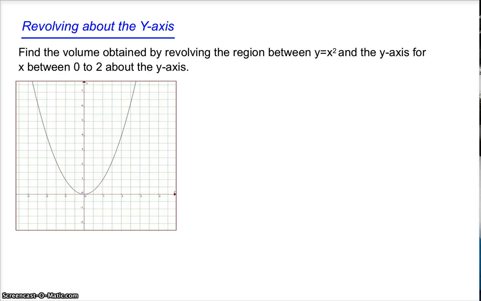In this example, we're going to revolve the parabola y equals x squared about the y-axis, the vertical axis here. So if we were to take a portion of this parabola, say from 0 to 2, so up here, and spin it around the y-axis, what would it look like?